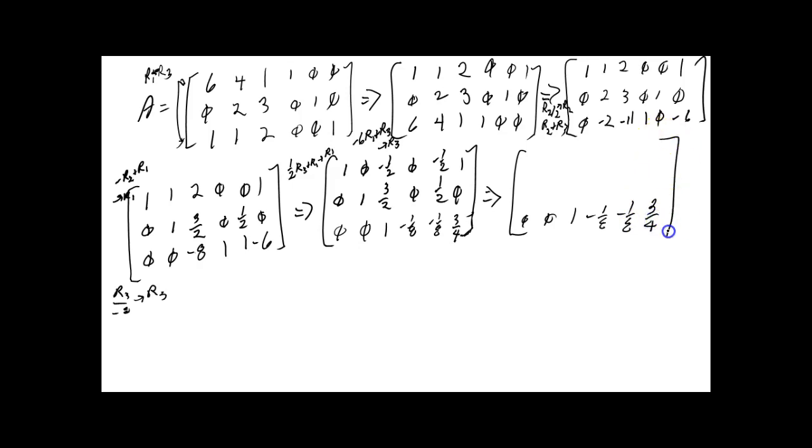I hope I did that right. Okay? Next, row 1. What's it? 1, 0, 0. All right, that was the easy part.